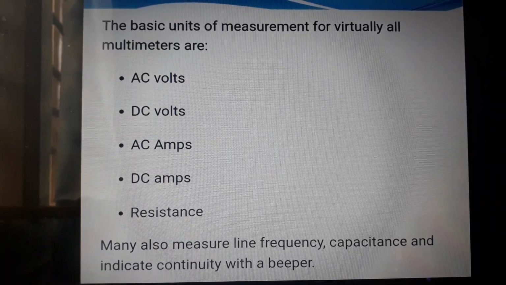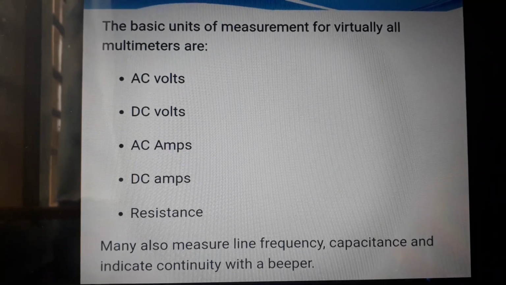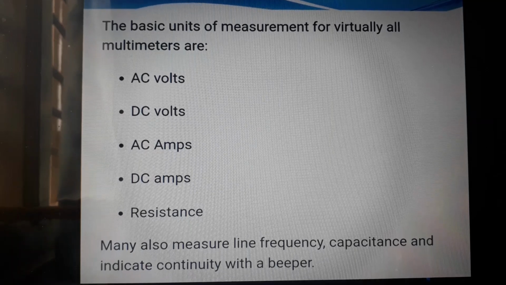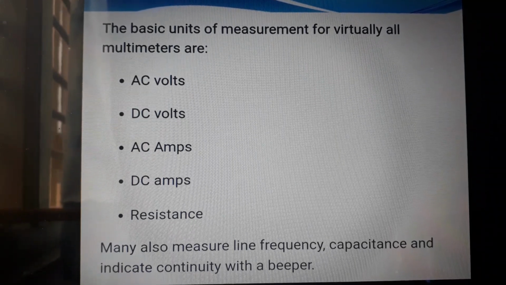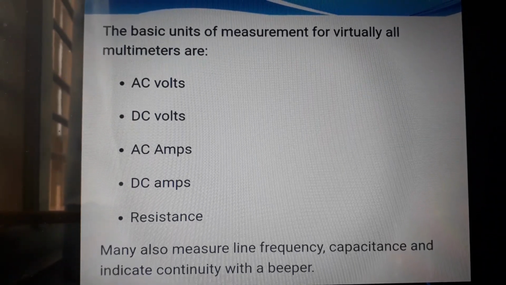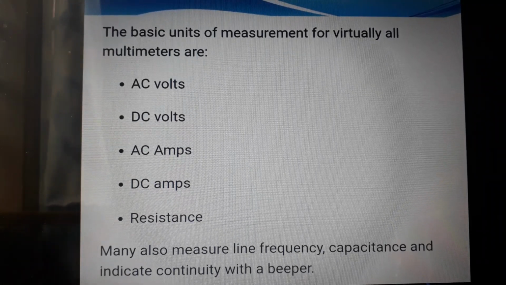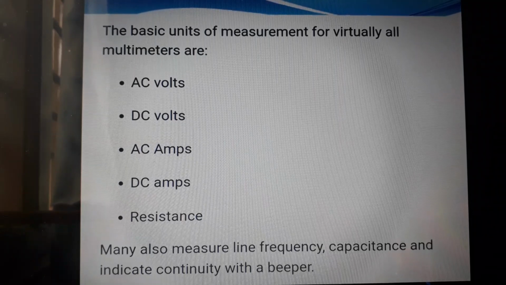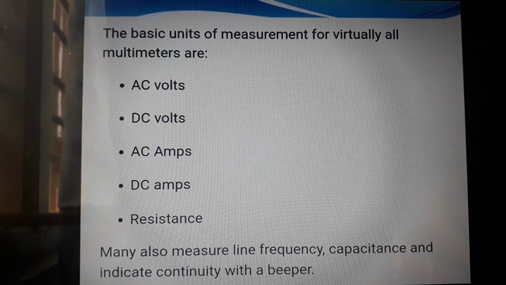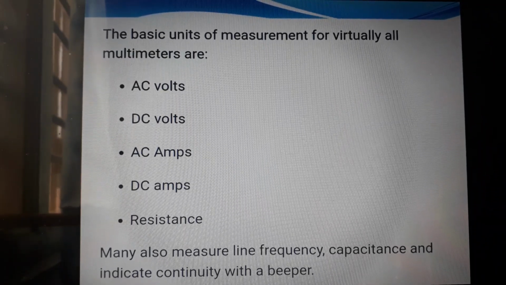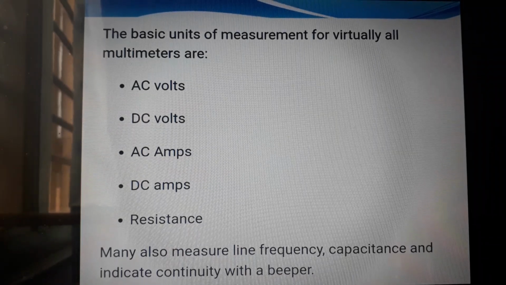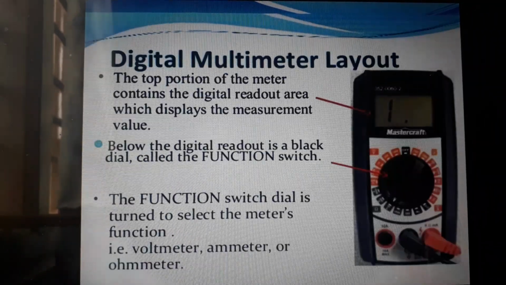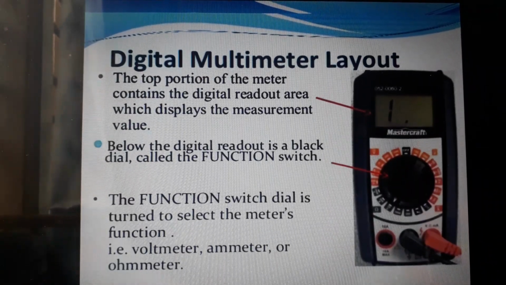Many also measure line frequencies, capacitance, inductance, and indicate continuity between points. If a wire has continuity or not, we can check by using a multimeter. So these are the basic features of a multimeter.